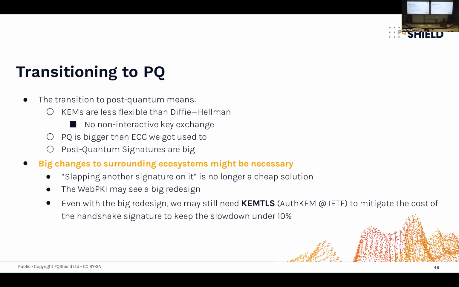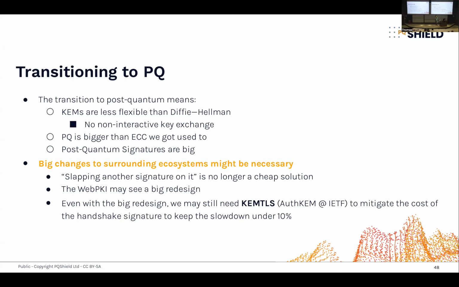That sort of wraps up my talk. So even though TLS is maybe boring cryptography, the constraints make this very, very non-boring. I guess in many ways, Signal also has concerns like this. KEMs are less flexible than Diffie-Hellman. That is not so much a problem for TLS as it is for, for example, PQXDH.